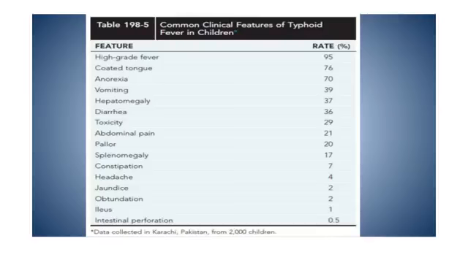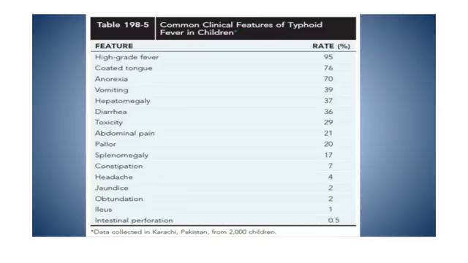These three symptoms are very common, present in almost 70 to 90% of patients. Other symptoms like vomiting, diarrhea, toxicity, abdominal pain, pallor, constipation, headache, jaundice, they present in a relatively less frequency as compared to the first three symptoms.